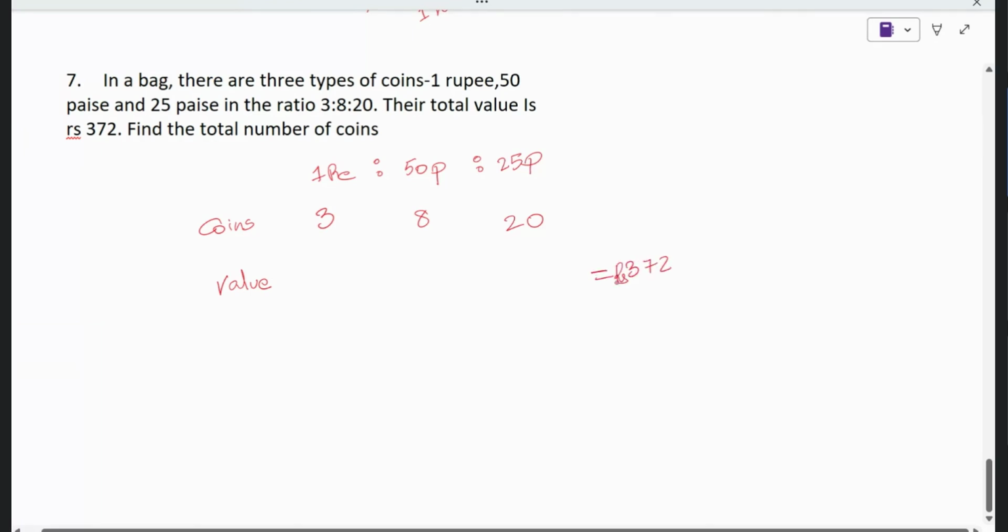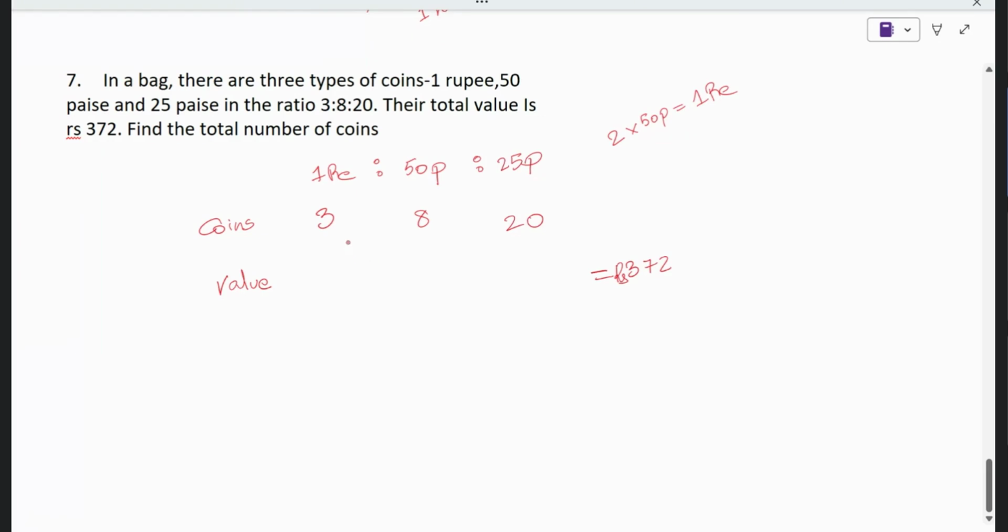Suppose 1 rupee, 3 coins. That means this will give us 3 rupees, or no? 50 paise, 8 coins. This will give us 4 rupees, or no? Because we know 25 paise will give us 1 rupee, 2 times, or no?